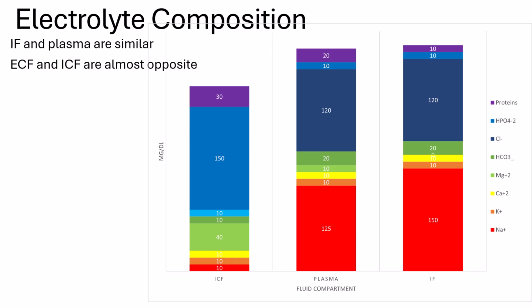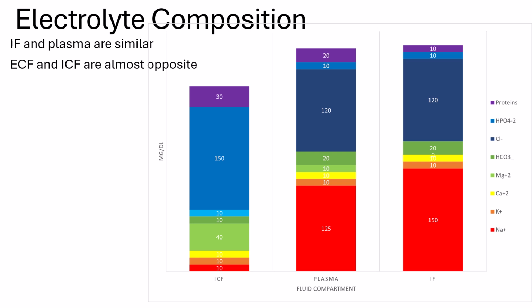Also notable in the ICF is the high level of phosphate and proteins, both of which serve as important intracellular buffers and structural components. In contrast, both the plasma and the interstitial fluid, which together make up the extracellular fluid, have high concentrations of sodium and chloride.